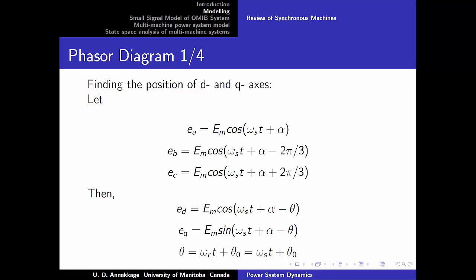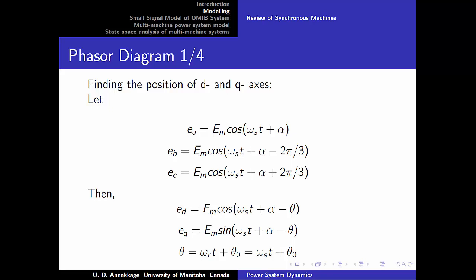So theta is equal to its initial value theta naught plus the angle of rotation over the time period of t, or theta is equal to omega r t plus theta naught. Also at steady state the speed of rotor is the same as the synchronous speed omega s.